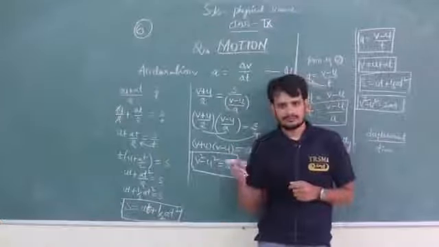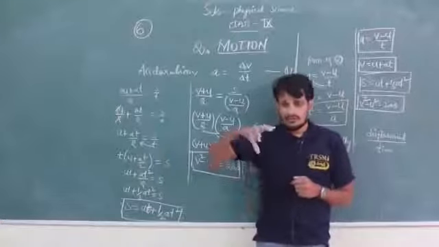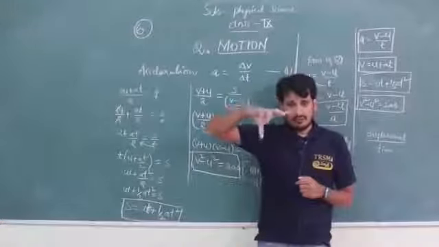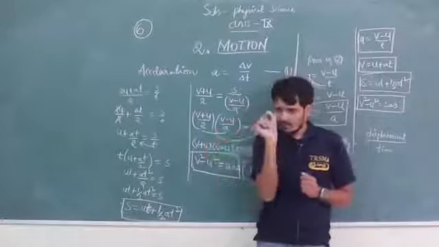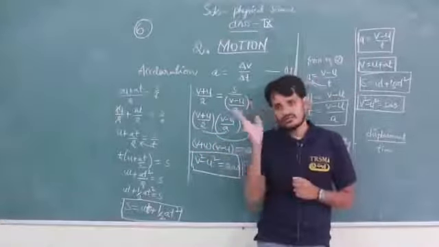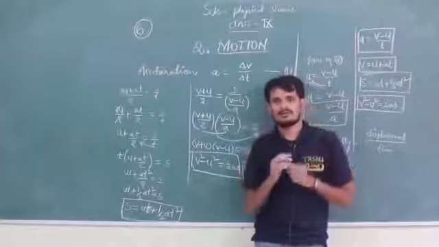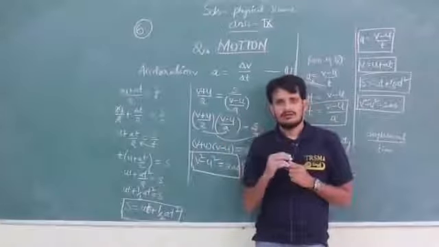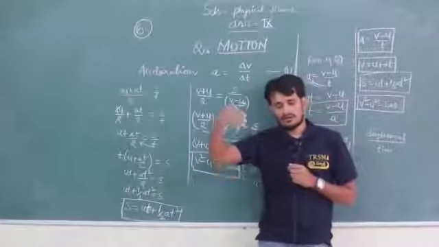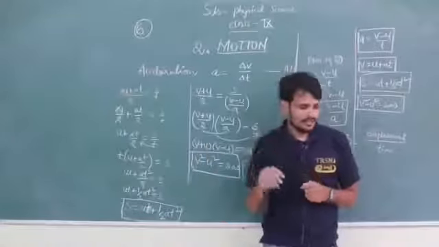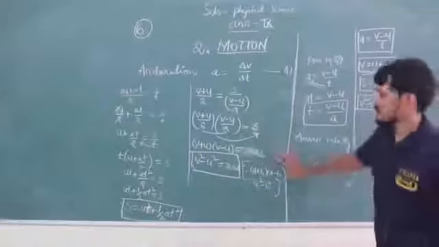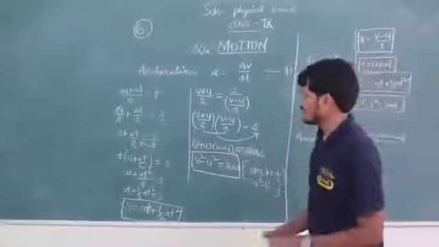So when the object is on an inclined plane, what is its motion? Is it uniform or non-uniform? How is it possible? Let's do some activities here. Just keep these in your mind.